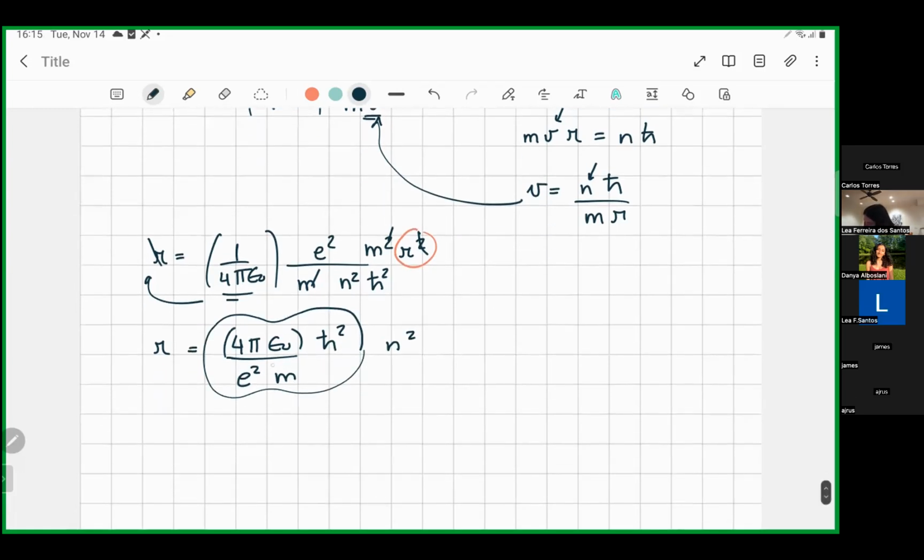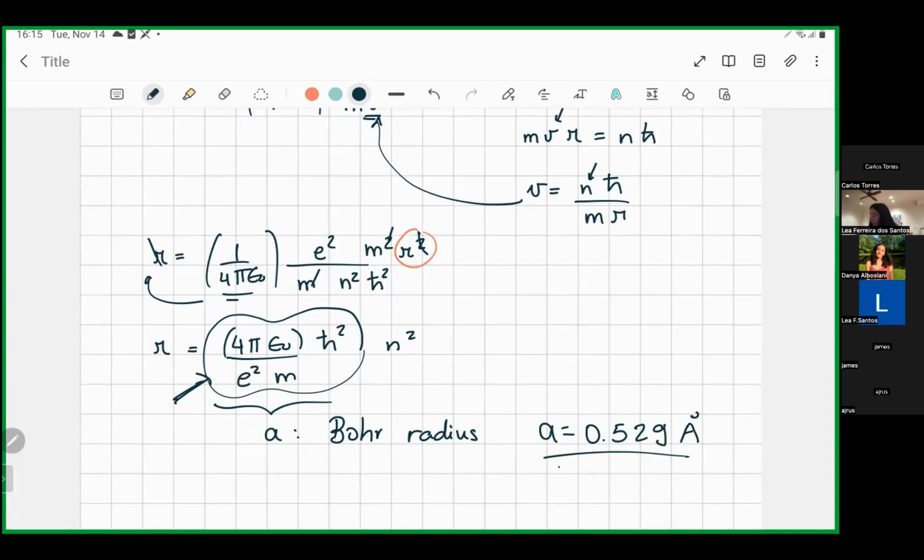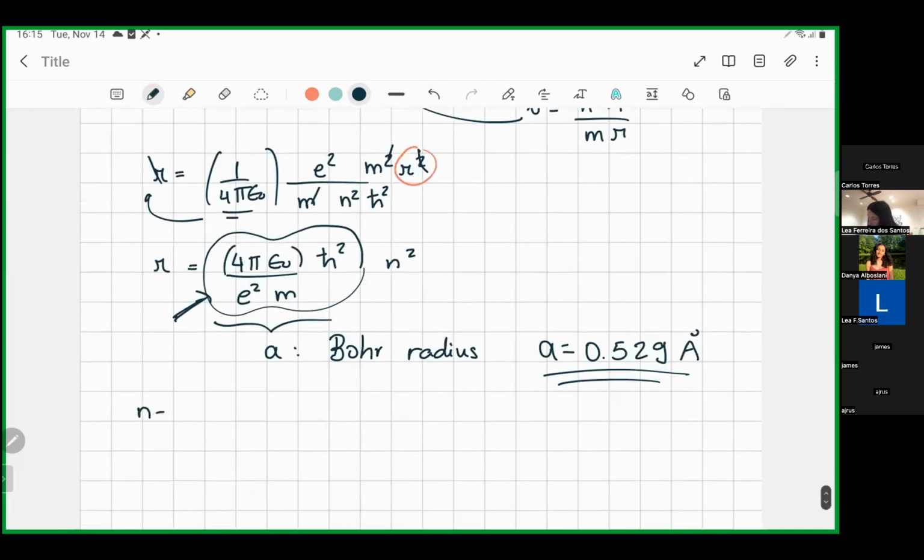This whole thing that is here is what we call Bohr's constant, the Bohr radius. If you put the numbers for these symbols, this is something you may have learned before, it is 0.5 angstrom. This is the radius for the ground state.